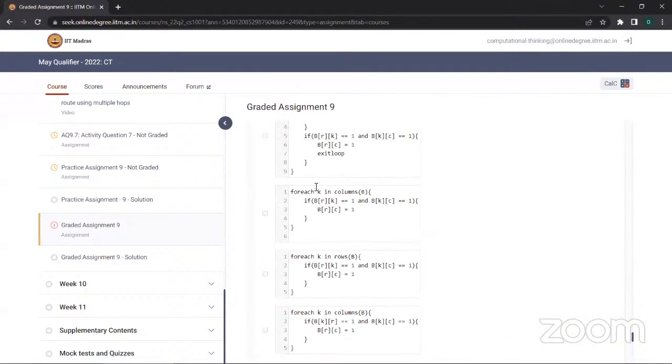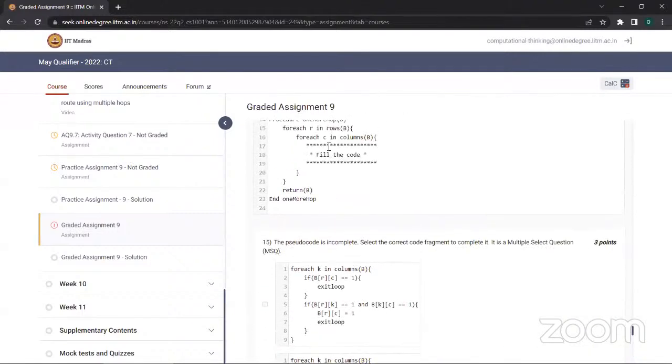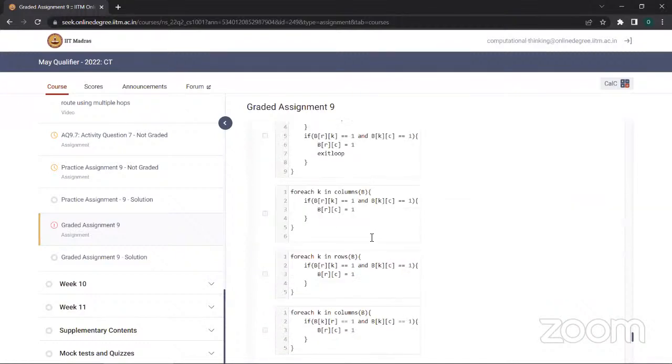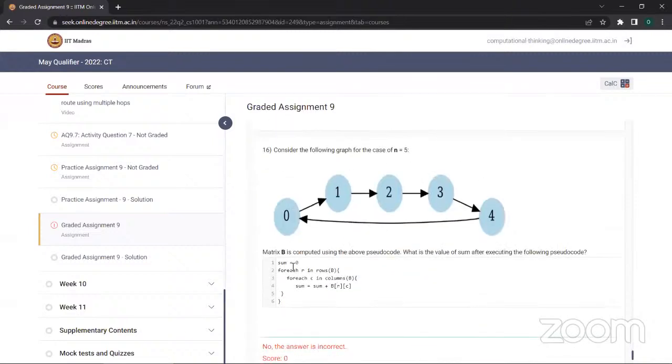It checks whether there is a path from some station X to station Y with some intermediate stations or not. We are never checking whether X and Y are equal, I mean, in this case, whether R and C are equal or not. Yes, sir. And it's very much likely to have this kind of scenario.